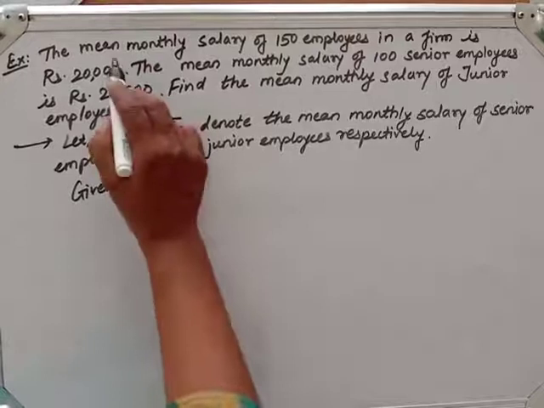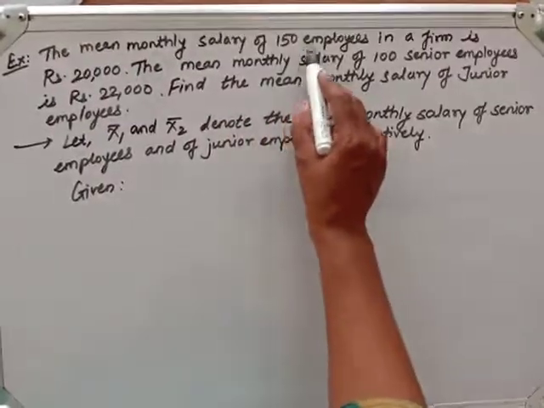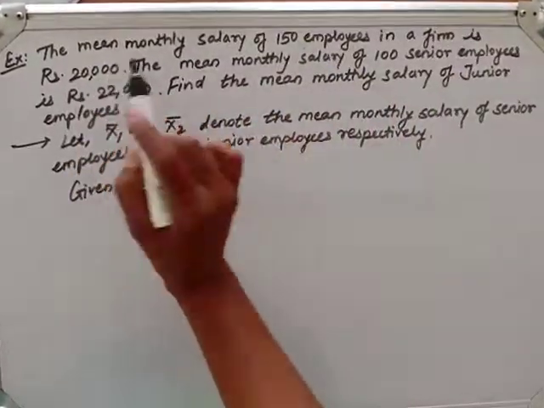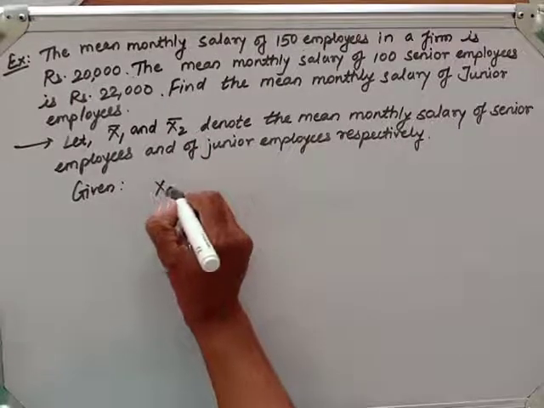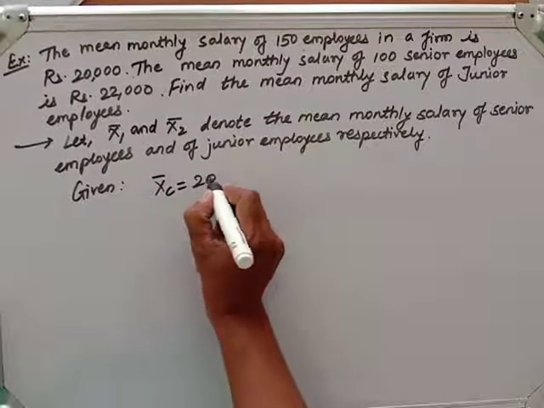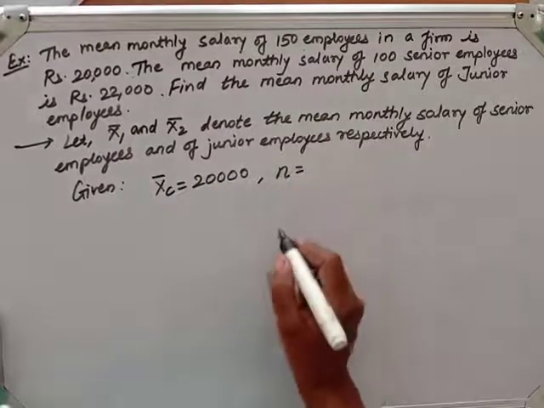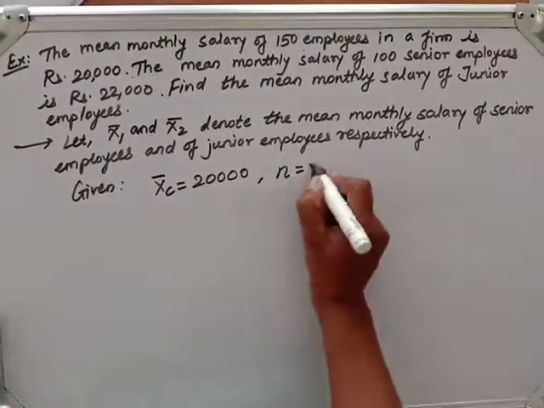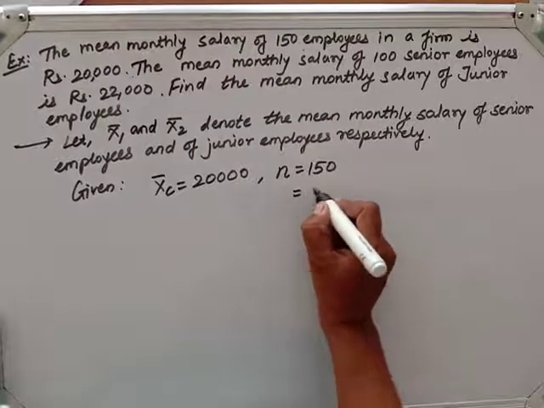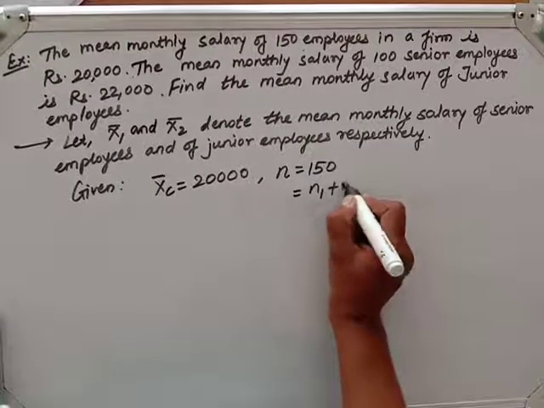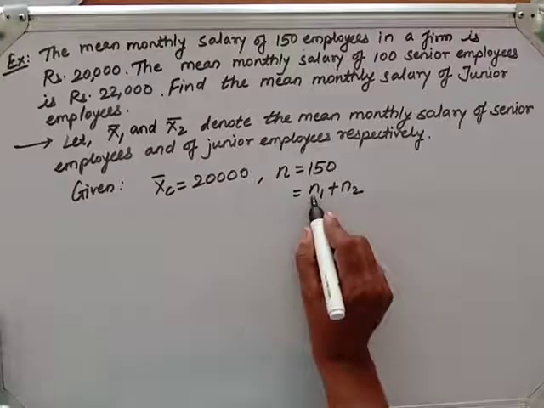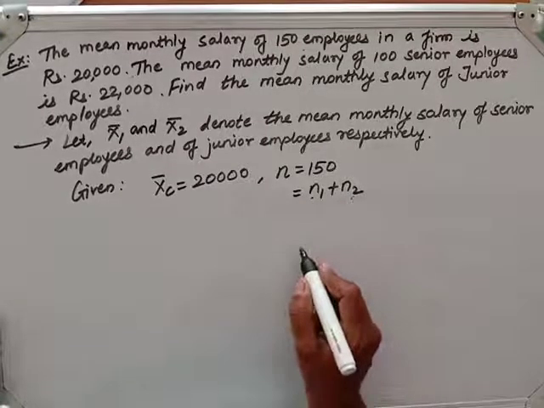Now it is given that the mean monthly salary of 150 employees of a firm, which is a combined mean, is 20,000. The number of employees N is 150. Some are senior, some are junior, so let n1 be for senior and n2 for junior.